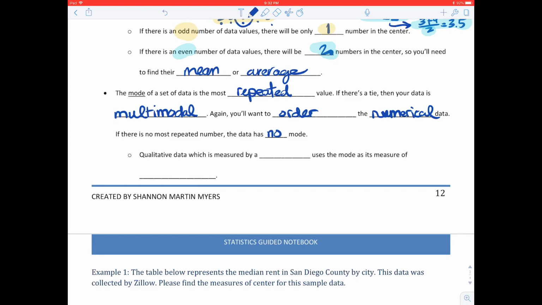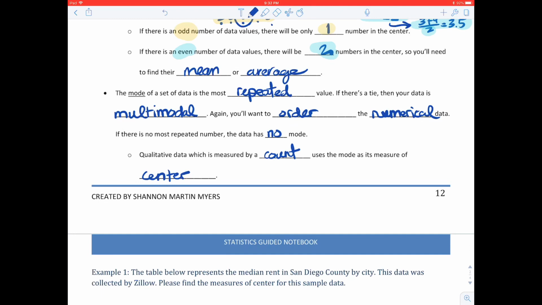So qualitative data, which is measured by a count, uses the mode as its measure of center. On some of those frequency tables, the categories are qualitative data.